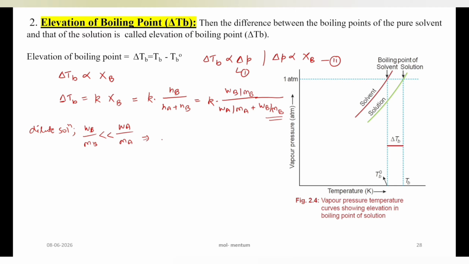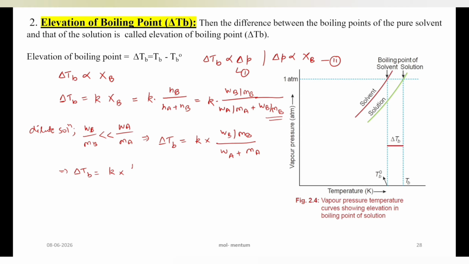So I can write this equation again, delta TB equals K into WB by MB, and in the denominator I'm removing this value WB by MB, so it will be just WA by MA. So when I rearrange this equation, delta TB equals K into, I can write this part, WB by MB is what?